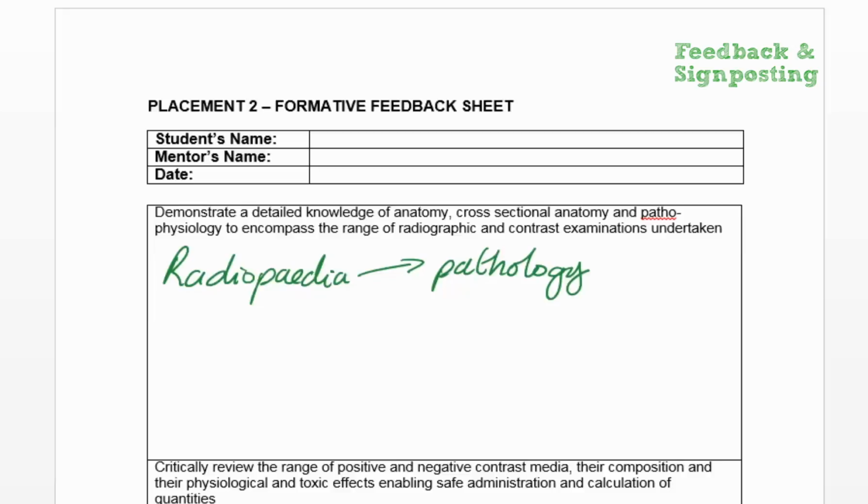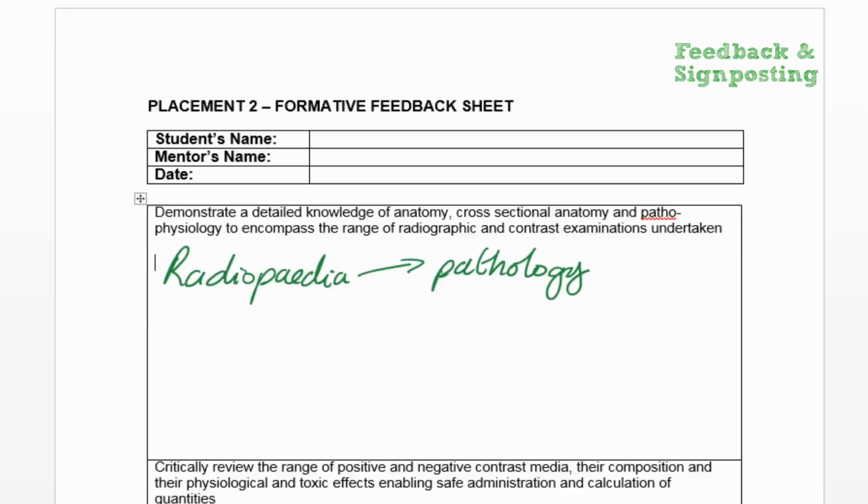Other sources of potential information around this particular competence, as well as Radiopaedia really, it's about internet resources.